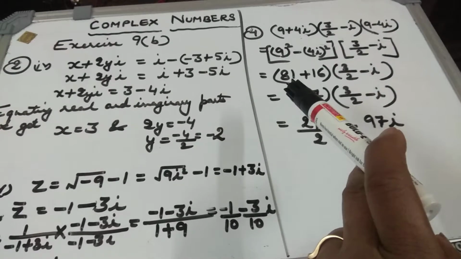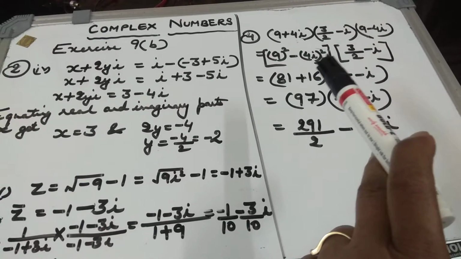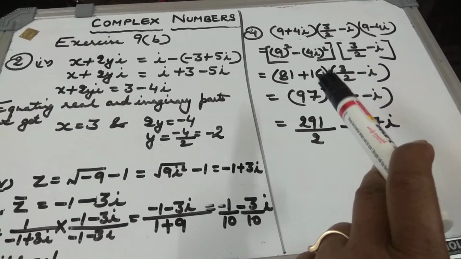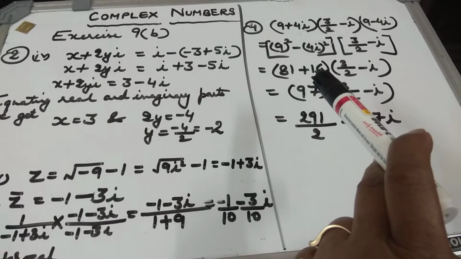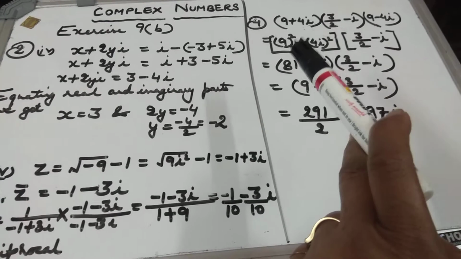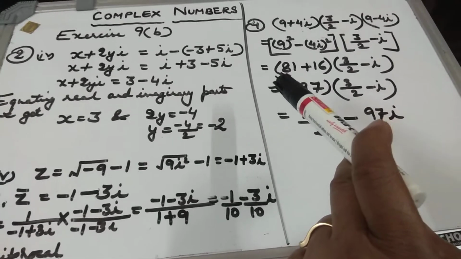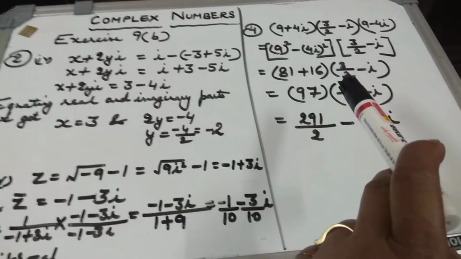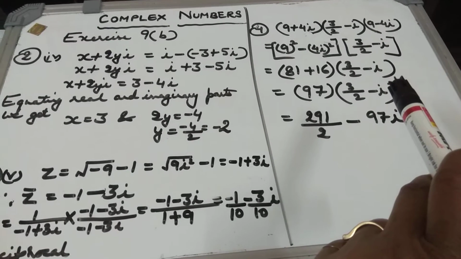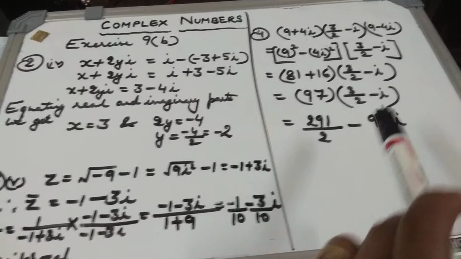9 square is 81 and minus 4i whole square is 16i square. So 16i square becomes minus 16 and minus is already here. So 81 plus 16 will be the bracket term, and the second bracket remains as it is, 3 by 2 minus i.